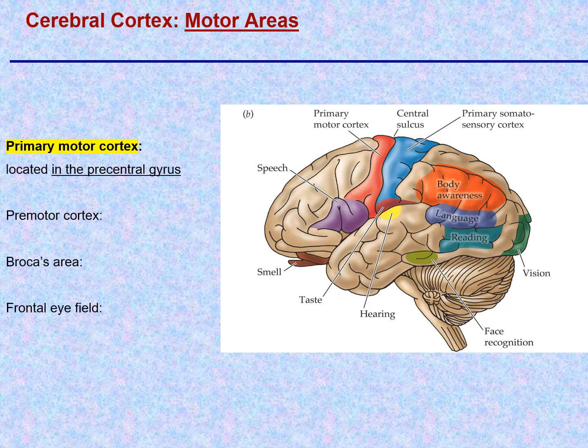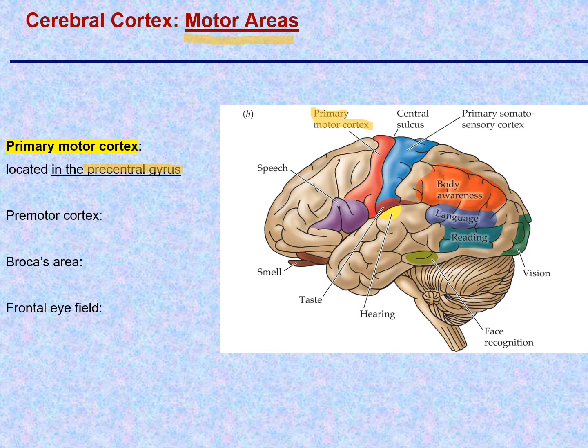Okay, so let's go through this. The primary motor cortex, I've already described where it is, in the precentral gyrus. Then the premotor cortex is also involved. These are motor areas. Remember, the three functional areas are the motor areas, somatosensory or sensory areas, and the association regions.